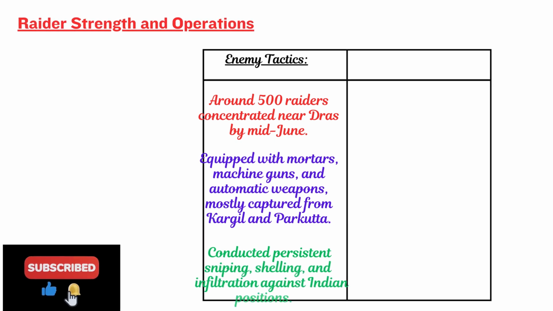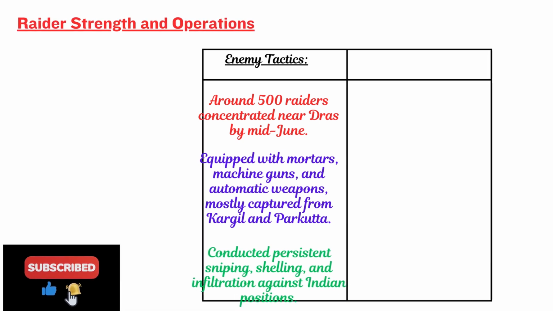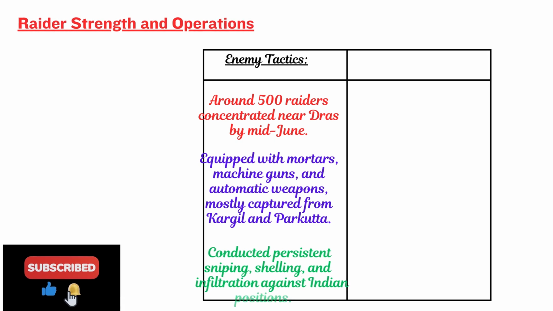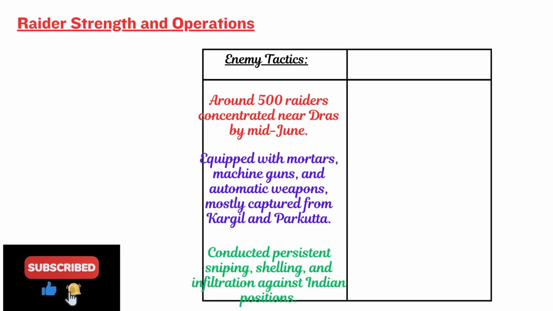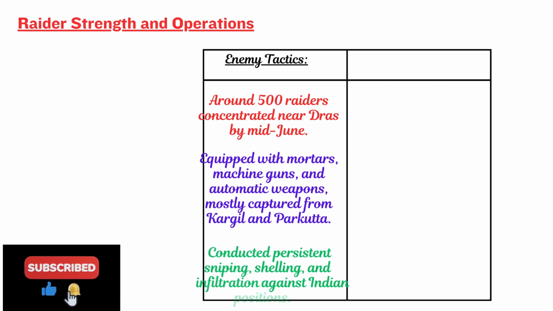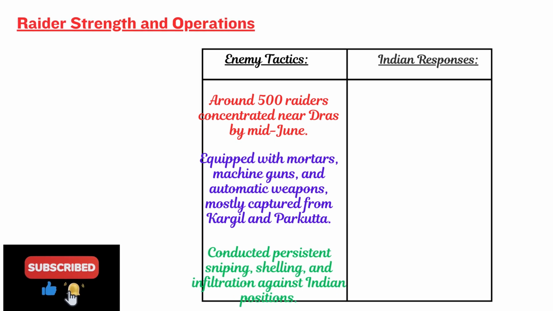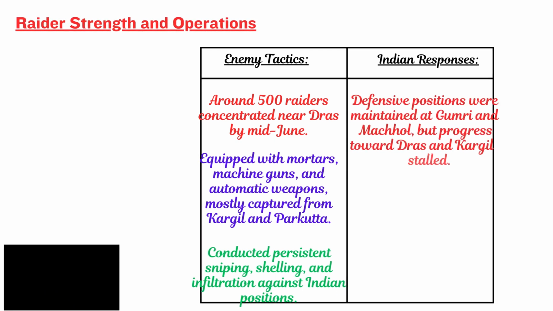Friends, the raiders' ability to use captured weapons and their aggressive, persistent tactics made them a relentless adversary. This operational approach wore down the Indian troops, making defense and reinforcement increasingly challenging. Alright, friends, let's now focus on the Indian responses to the raiders' growing strength and operations.